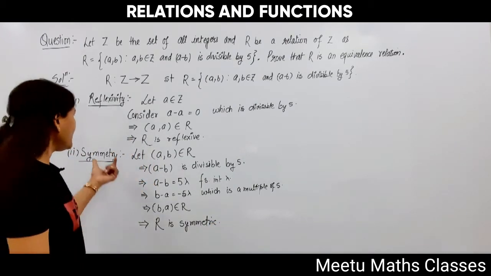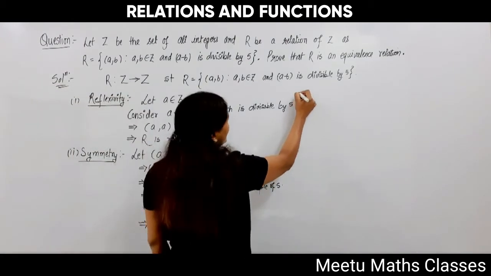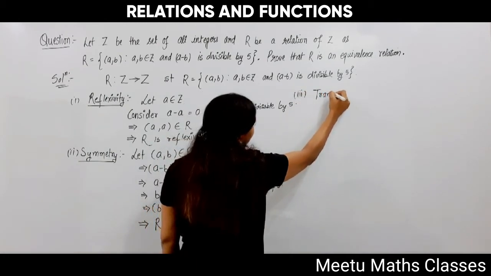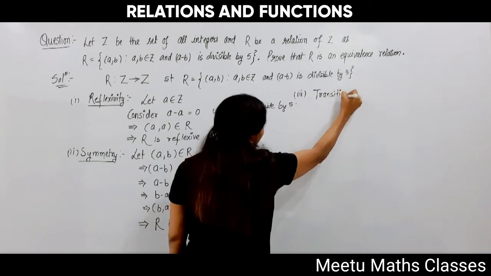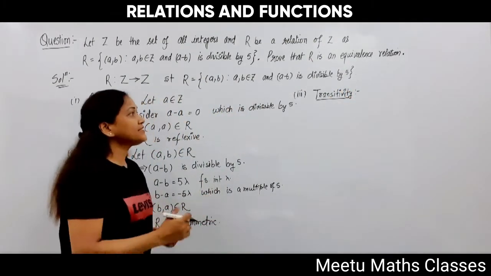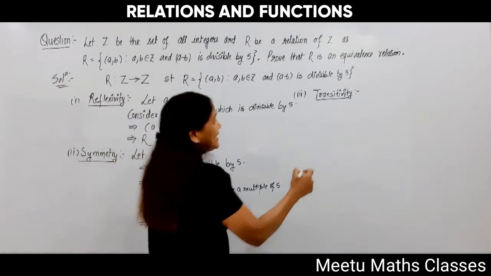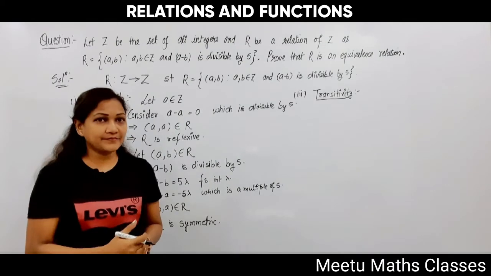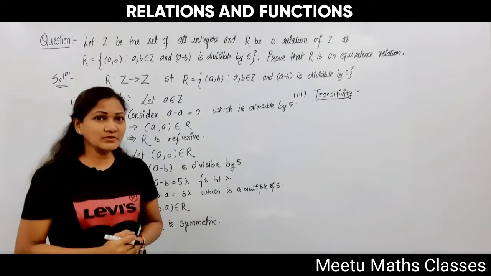Okay, and now we are going to check our relation for transitivity. A relation is called transitive if a is related to b and b in turn is related to c, then a must be related to c.